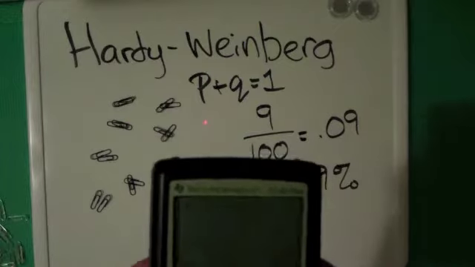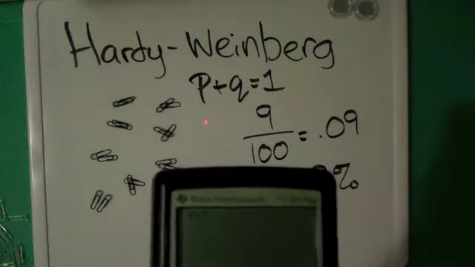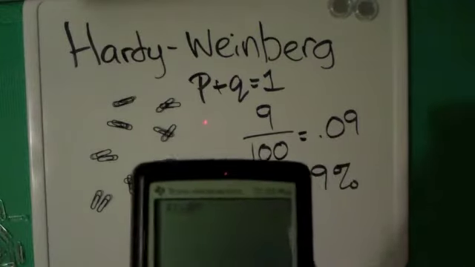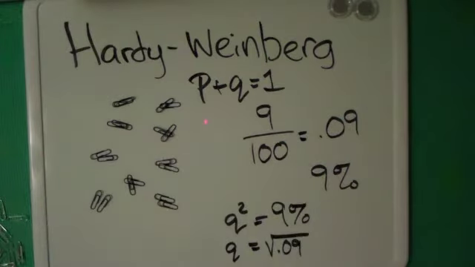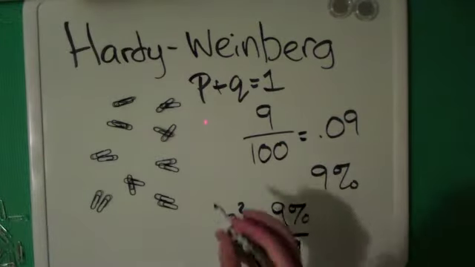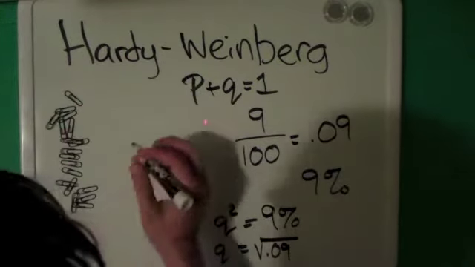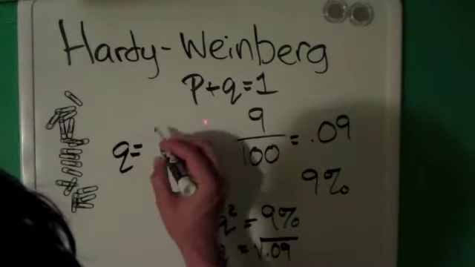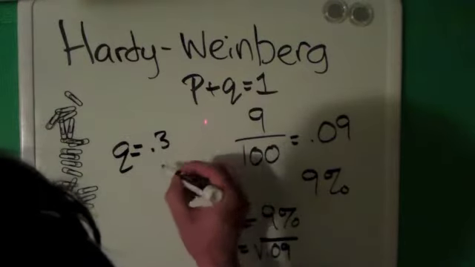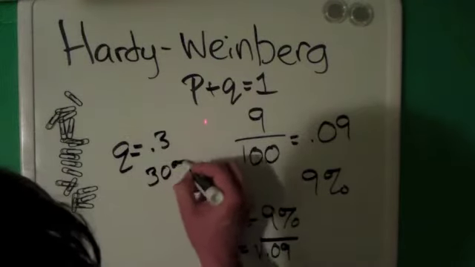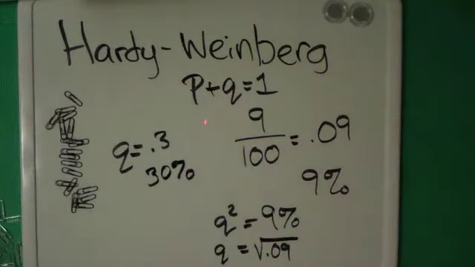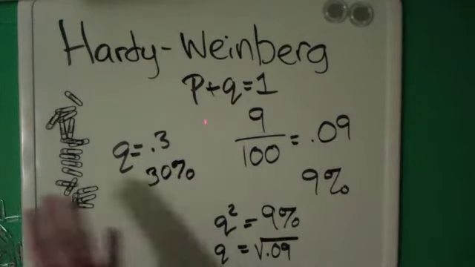The square root of 0.09 gives me 0.3. So our q is 0.3, or 30%.